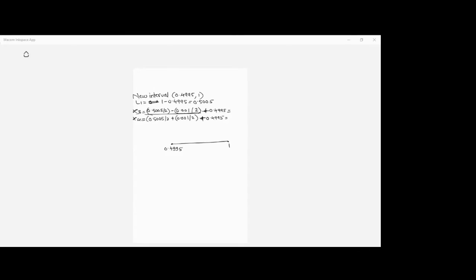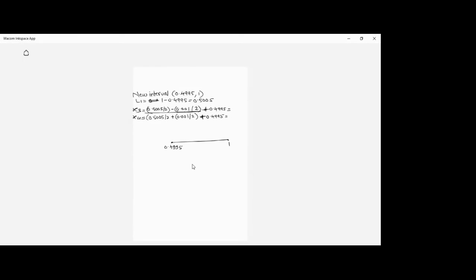Now if you see this particular diagram, we are dealing with a value which is between 0.4995 and 1. So is 0.2498 between 0.4995 and 1? No, it is not between that particular value. So what we'll have to do, irrespective of x1 or x2, is add 0.4995 so that it will come in the range, right?